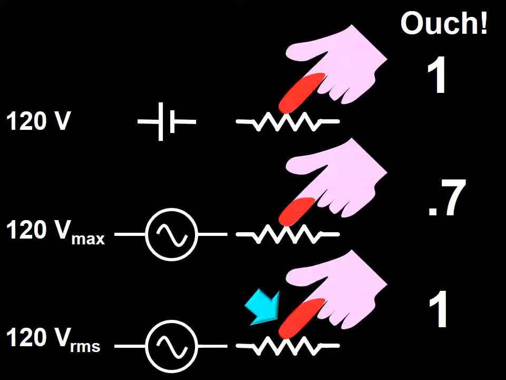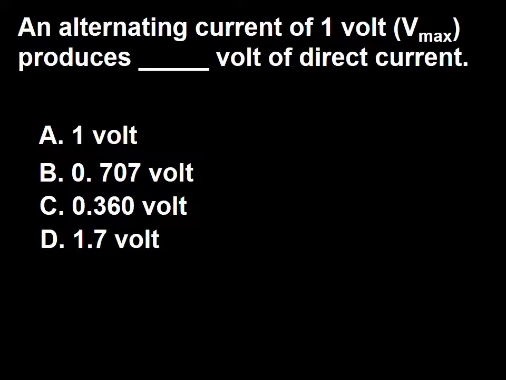Measuring this unit, the amount of burn that will be created by 120 volts will be the same as it would be created by direct current. And so I will give in the pain scale a value of 1 Ausch. So the answer to this question, B, 0.707 volt.